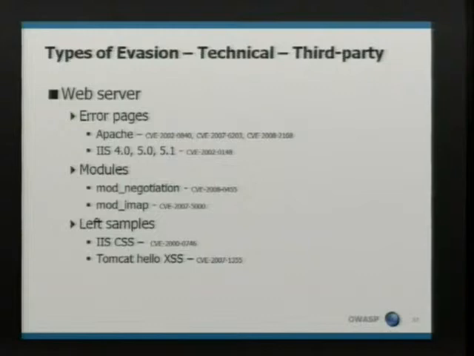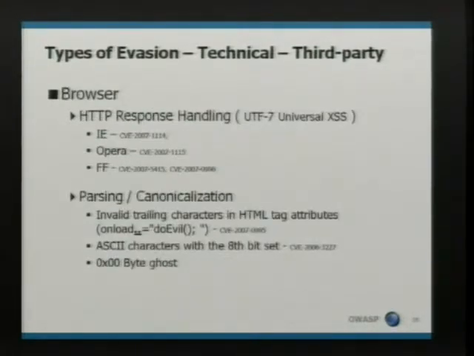So whatever module you are using, this may be prone to cross-site scripting. For this case, be aware of it and always be up to date. And the error pages, the latest one from Apache, affects the 413, the request entity too large parse error. And it's not so old.